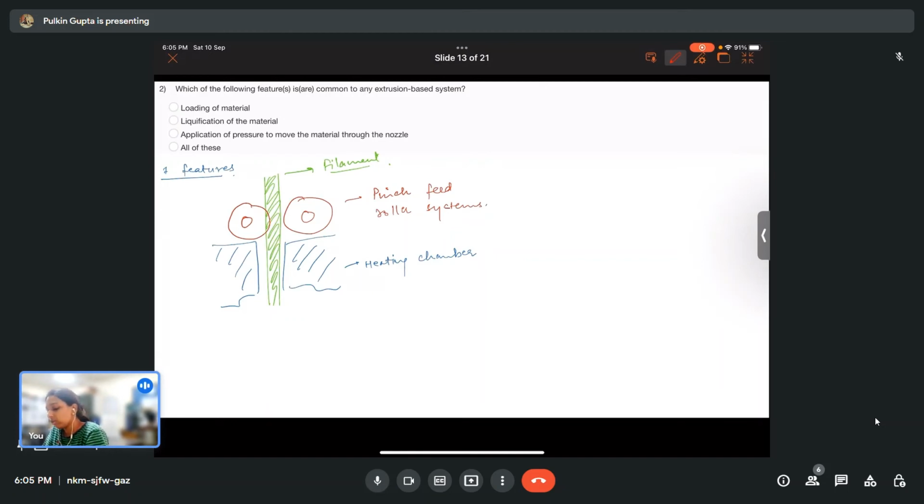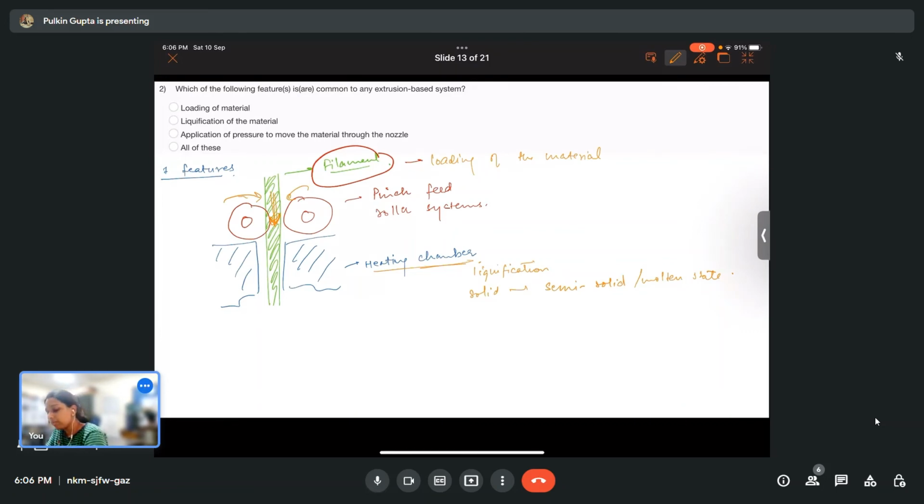So this filament comes under loading of the material. And this heating chamber helps in liquefaction, from solid to a semi-solid or molten state. And these pinch feed rollers rotate in this direction and allow the movement of the filament towards the liquefaction chamber.